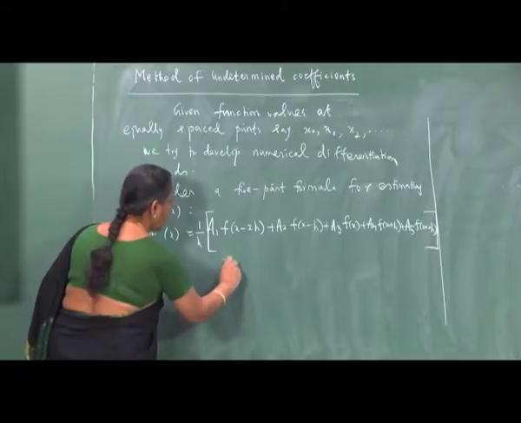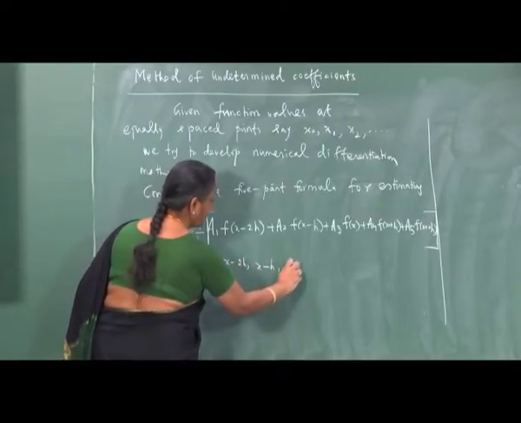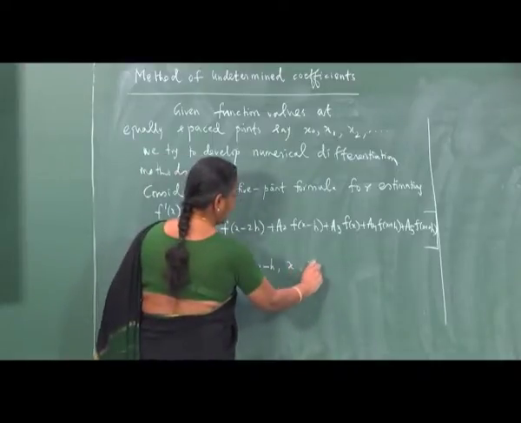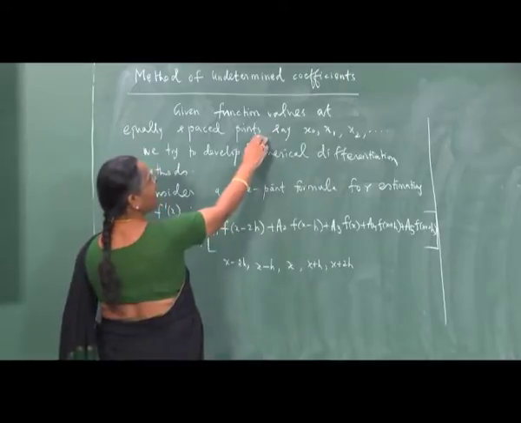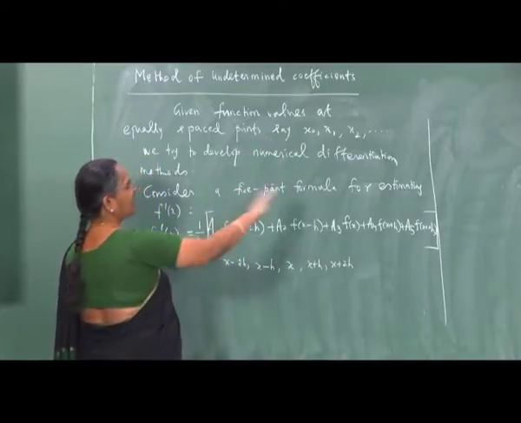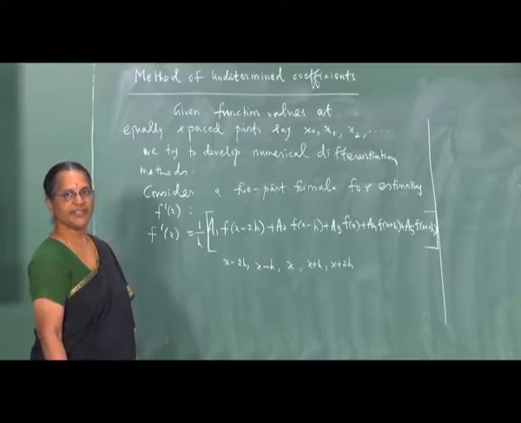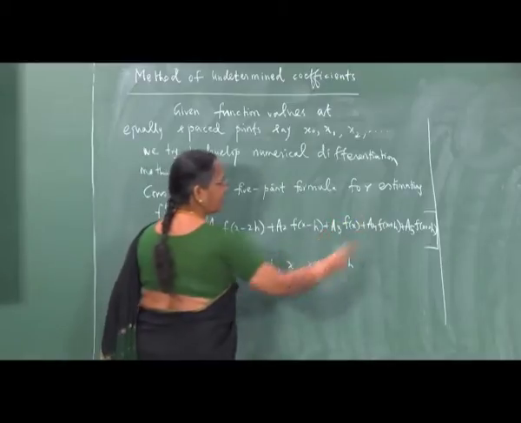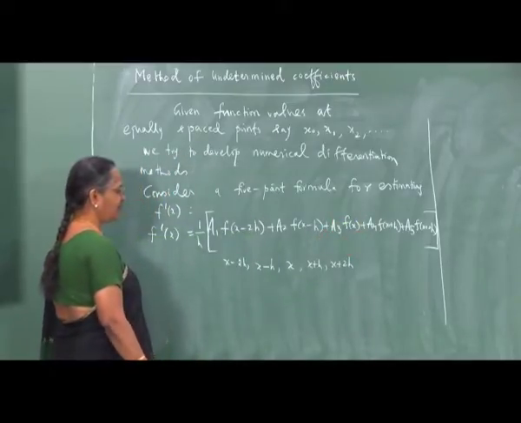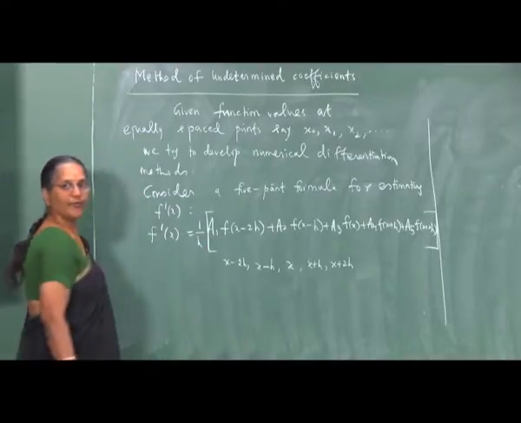So, what are the points that are involved? x minus 2h, x minus h, x, x plus h and x plus 2h, and the information about the function values is available to me at these points. So, I take a linear combination of these function values, and what is my requirement now?